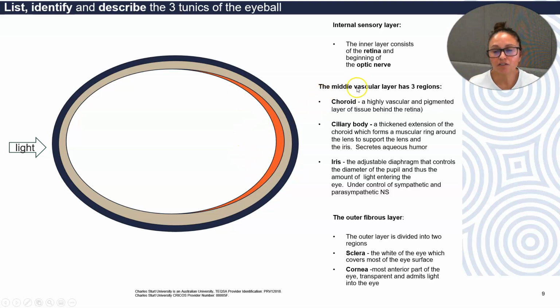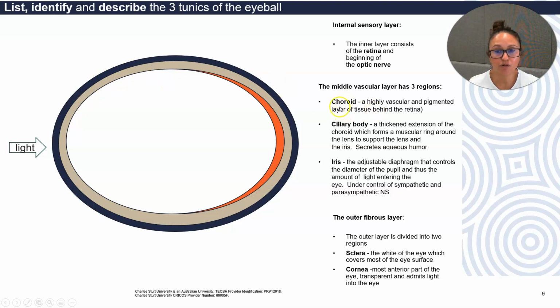Then you've got a middle layer, which contains lots of blood vessels, because we need to keep the cells of the retina alive. So we need blood coming in and blood leaving the eye. What you need to understand is that this middle layer turns into different things.